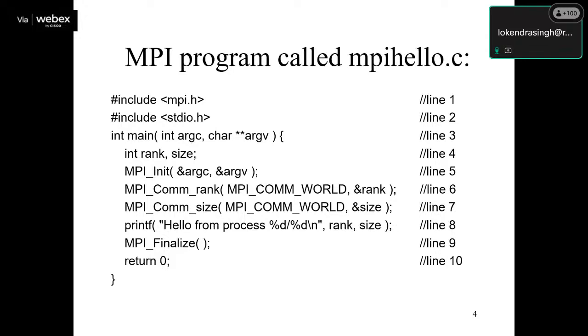An MPI program is made up of autonomous processes that execute their own code. Each process has a unique MPI rank. Rank means your process 0, process 1, process 2, like that. Each has its own memory space and executes independently.